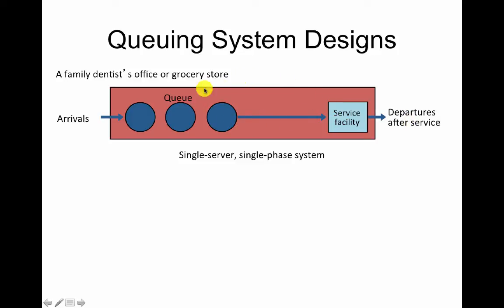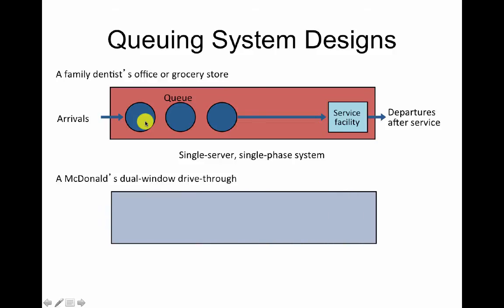Then you take the next person, who just slides right up and gets seen. It's a single server, meaning you only have one person serving. You see this often in grocery store lines. There will be lots of different lines, sure, but really it's just a single server, because you have this one person and a buildup of people behind that.